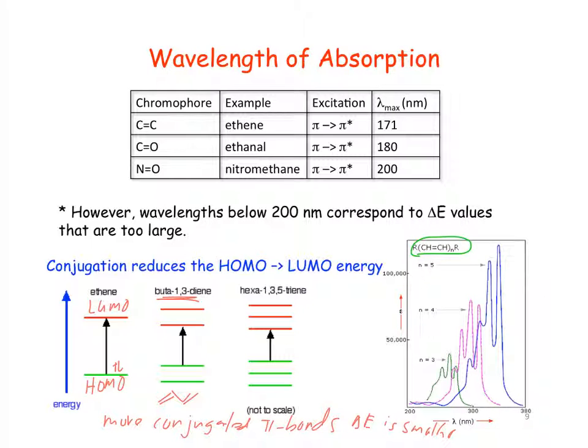If n is 3, so we have three conjugated pi bonds, then our absorbance, say for the biggest peak, is here. If we add another pi bond, it goes over here. If we add another pi bond, looking at the same peak, it's over here. So it keeps jumping to a longer wavelength every time we add another pi bond. This is just the general trend.